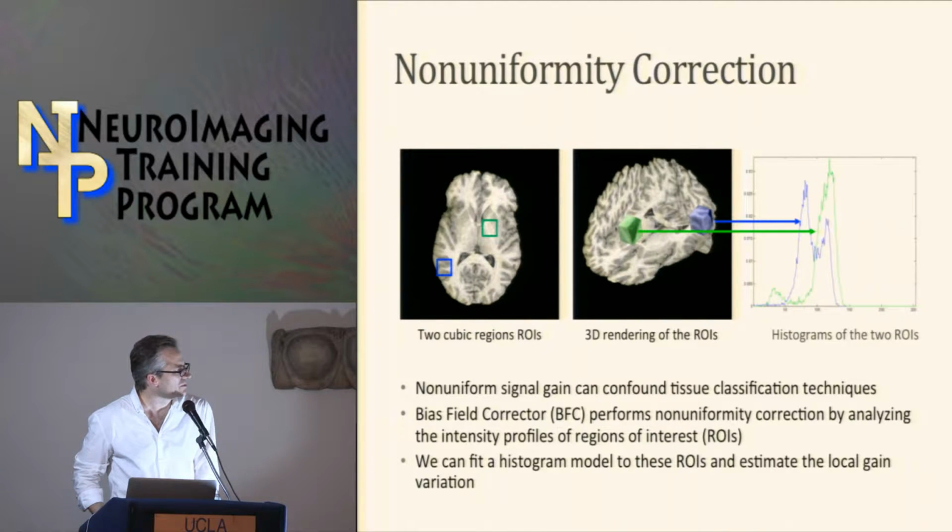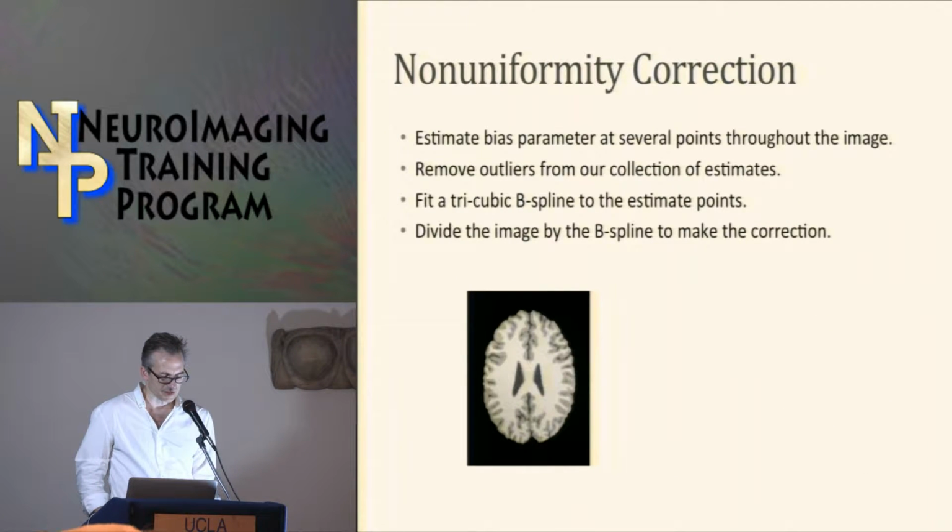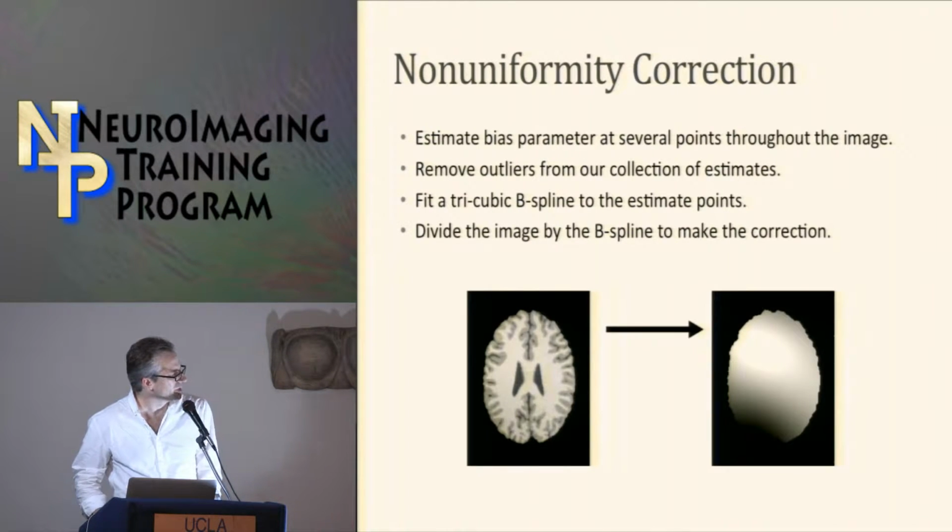So we have a method for performing bias correction that looks at histograms throughout the image and compares these histograms to the global histogram to determine how much the image intensity has shifted locally. It then performs a correction step where it estimates a correction field based on a B-spline fitted to those data, and that can then be applied to the image to normalize the intensity.